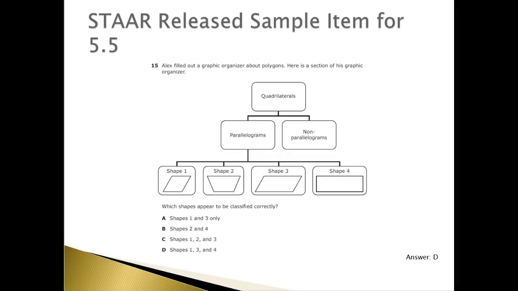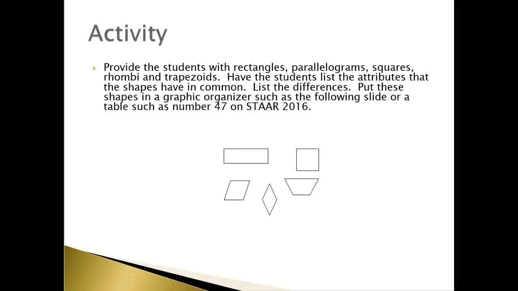And we also had a STAAR release sample item the year before, and again, notice it says which shapes appear to be classified correctly. Only in geometry do we have 2 possible answers that could be in your choices. One activity you can do is one similar to this, where you provide the kids with different types of 2D figures, and they list the attributes or sort them and list the differences.